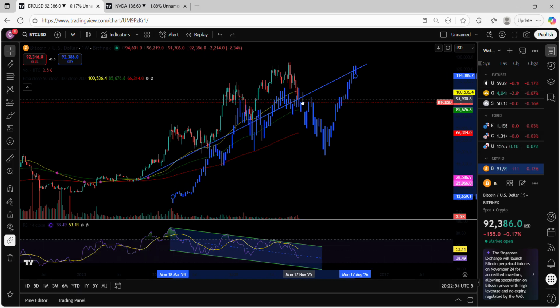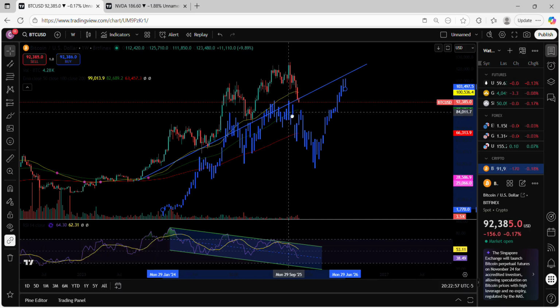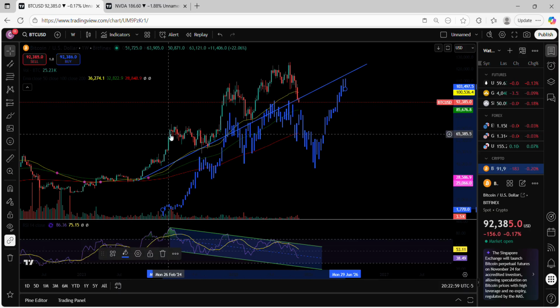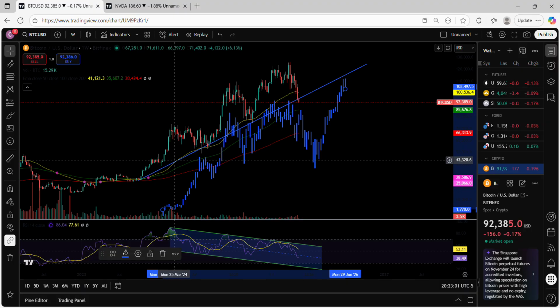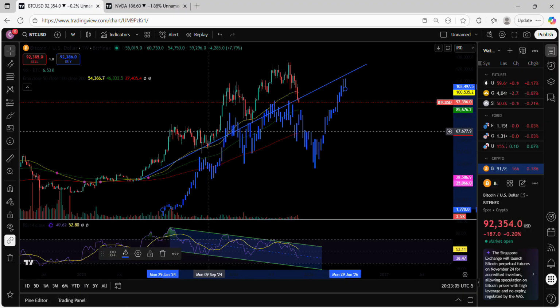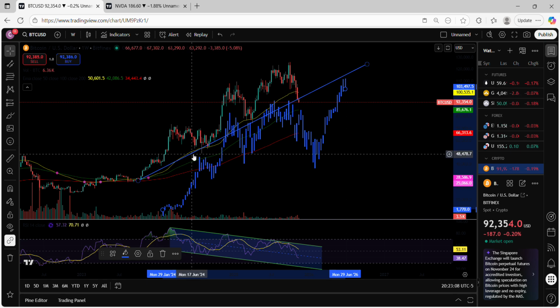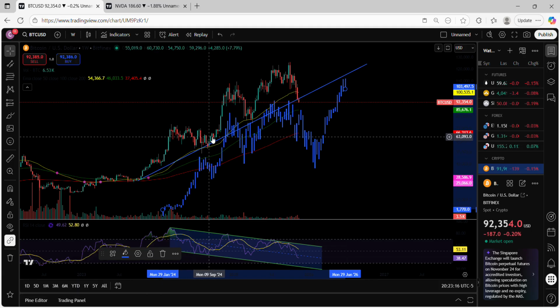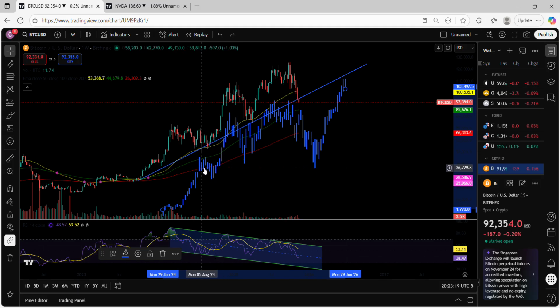Really the only difference is notice how this consolidation right here in Bitcoin has taken much longer than the action that has occurred in Nvidia. You see, this consolidation is about 6 months, but here in Nvidia, which is again a copy of Nvidia, it only took about 2 to 3 months.